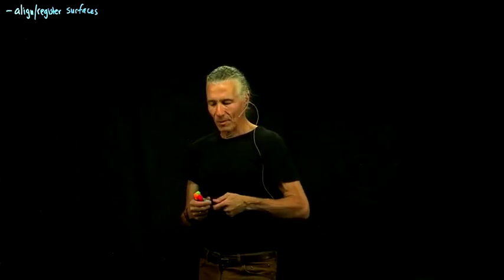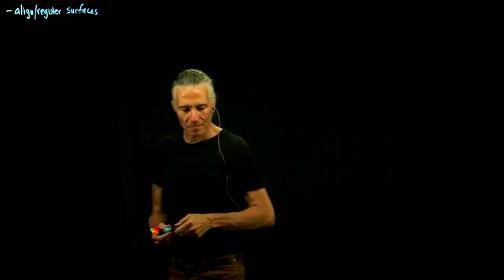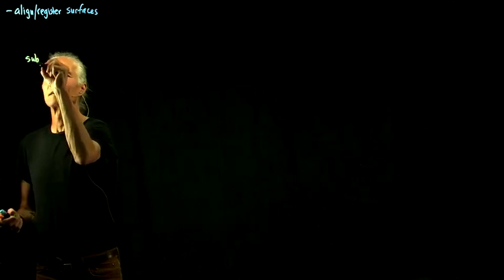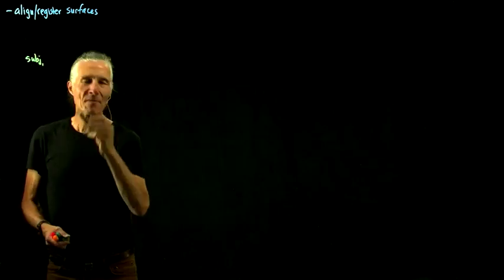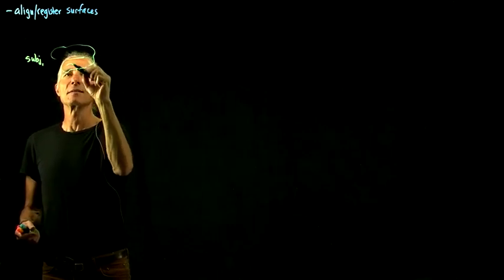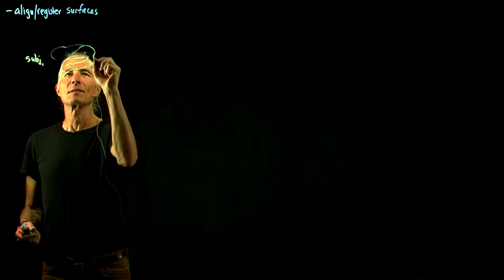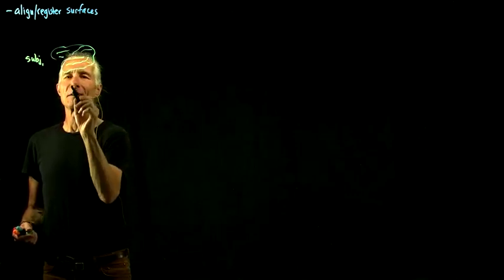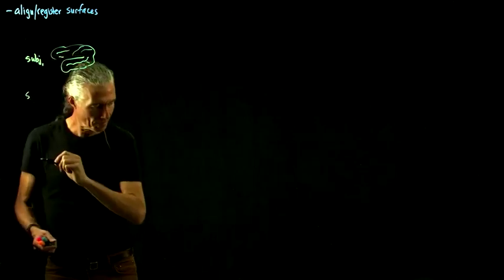And so the way this works is we start off with subject 1. So here's subject 1, and reconstruct their brain. And so here's their brain, and they've got little folded sulci of various kinds. And then here's subject 2.